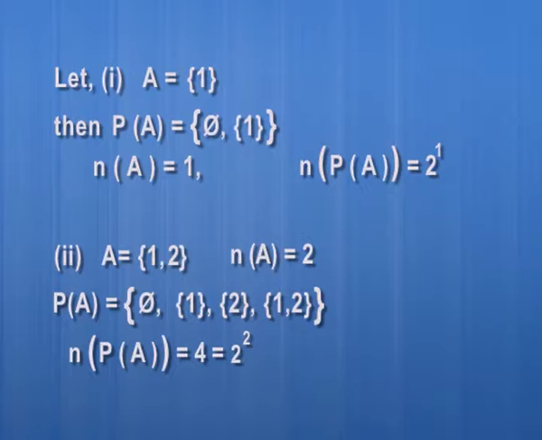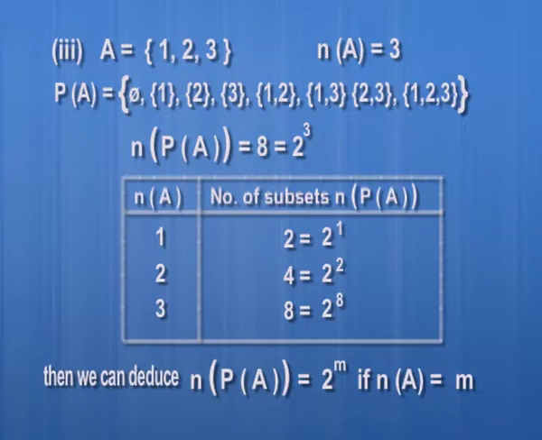Now, one more element has been put in set A. So, there are 3 elements in set A. The power set will have these elements: phi, singleton sets, sets having 2 elements and the set itself, as we have discussed earlier. So, in total how many elements are in the power set of A? We have got 8 elements.